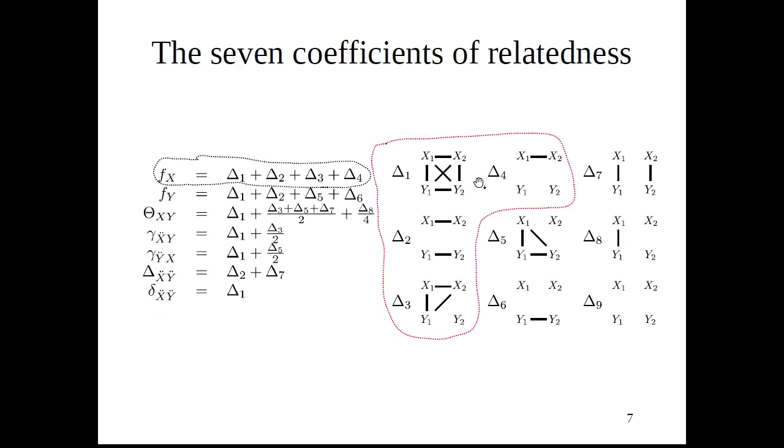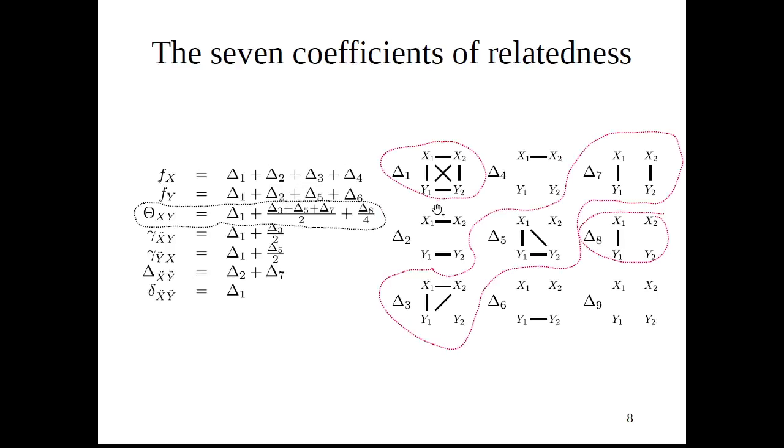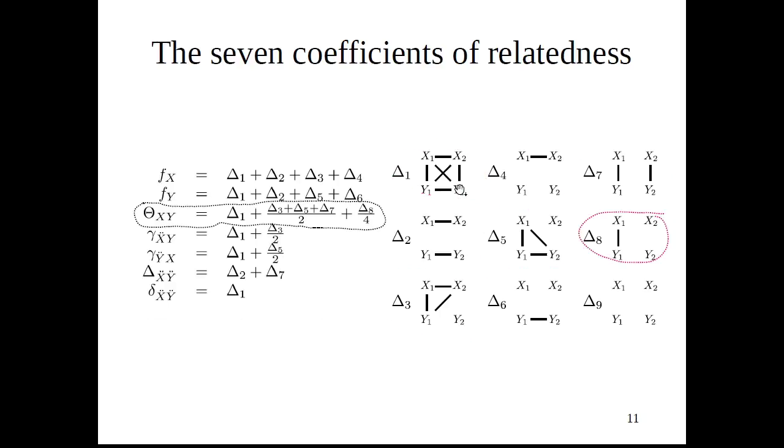So that's modes 1 through 4 here, and that'll give you the inbreeding of individual X. Or similarly, if you're interested in additive genetic variation, you can group the terms where there's lines connecting individual X and Y, but you have to do some weighting based on the number of connections in each of these different modes. So, mode delta 1, you have 4 connections. Modes 3, 5, and 7, you have 2, and mode 8, you just have 1.